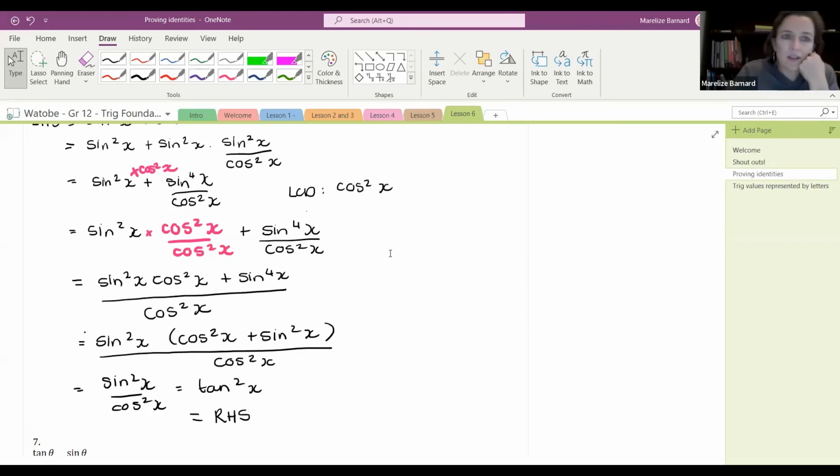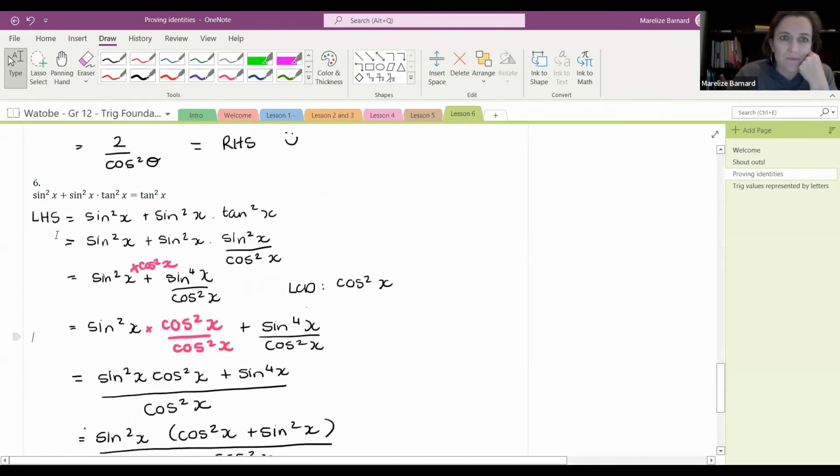Okay, so the sine to the power of 4x comes from this second step here. I'll highlight it over here. We changed the tan squared x to sine squared over cos squared. Then sine squared times sine squared gives me sine to the power of 4. Oh, okay, thank you. Okay, no problem.